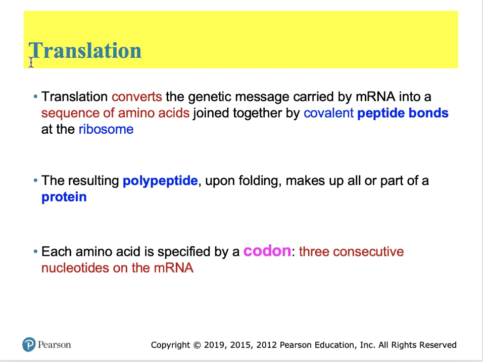Translation itself is a very complicated creature, and it involves many moving parts. But the important thing to understand is that the ultimate goal is to put together the building blocks of proteins in the right order so that the protein has the right function. So amino acids are the building blocks of proteins, and the amino acids are joined together on the surface of a ribosome, but based on the instructions received from the messenger RNA.